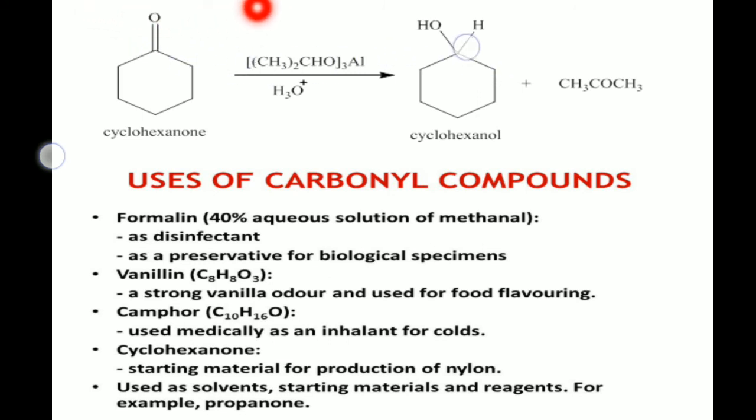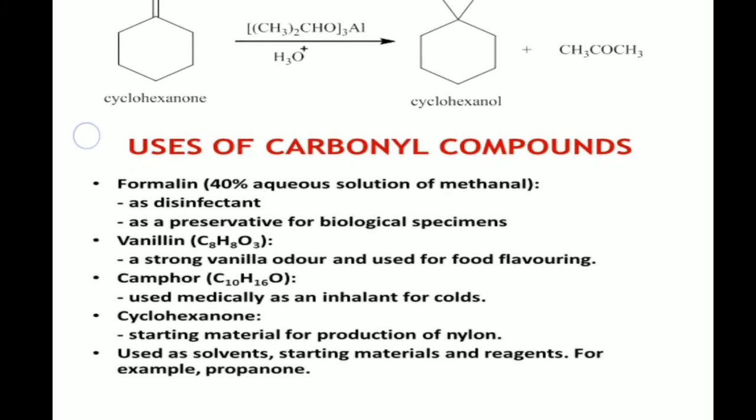Oxygen is added by one hydrogen. Carbonyl carbon is added by another hydrogen. This is called cyclohexanol. Cyclohexanol is formed. The same thing, isopropyl alcohol converts into acetone. This is an example for Meerwein-Ponndorf-Verley reduction.